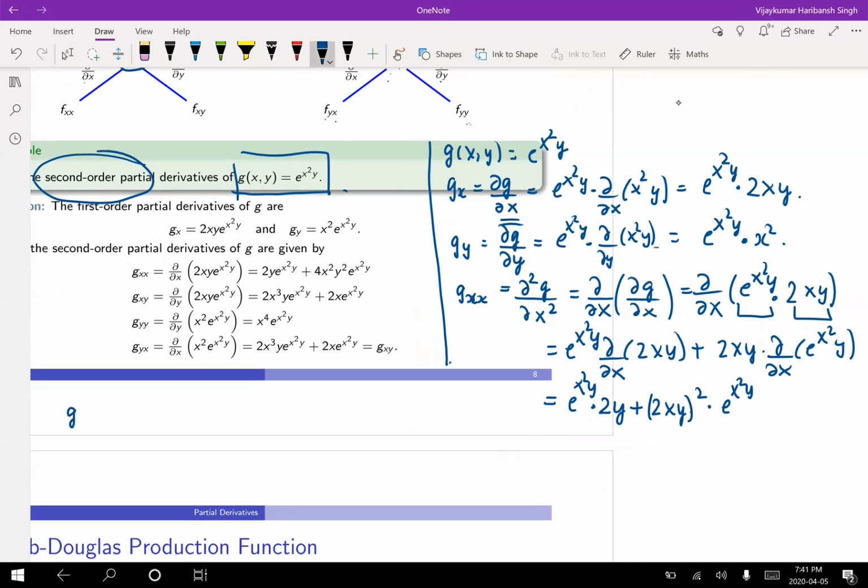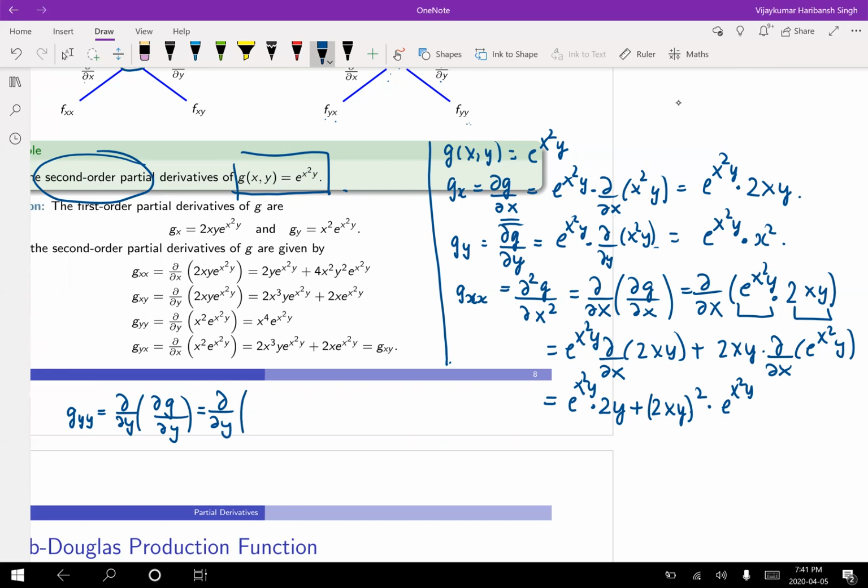So let's compute g_yy. That is the same as the derivative with respect to y of this guy here, e to the x square y. Let me first write down the notation in case there's still some doubt. This is going to be the derivative with respect to y of ∂g/∂y.